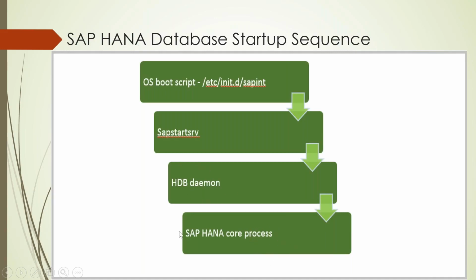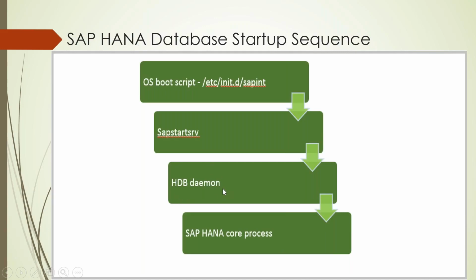The remaining services go down depending on their memory deallocation and savepoints. During the shutdown, savepoints will be executed in the HANA database, so whatever data we have in memory will be unloaded from memory.